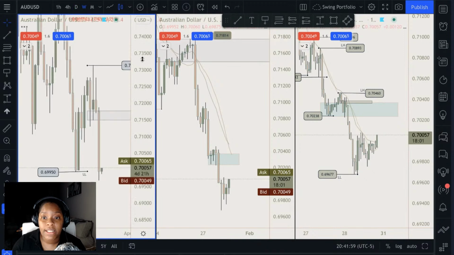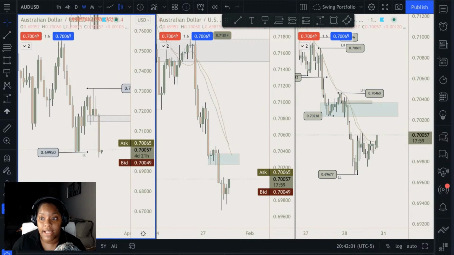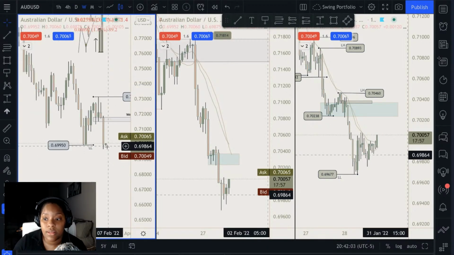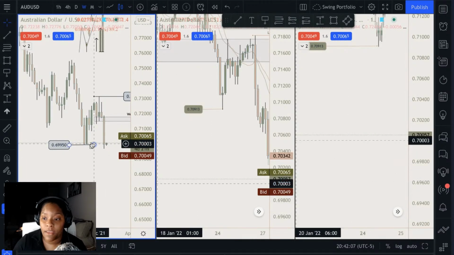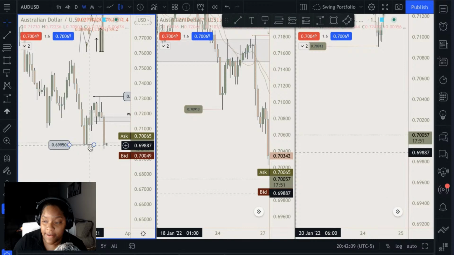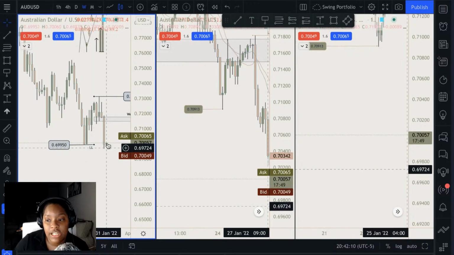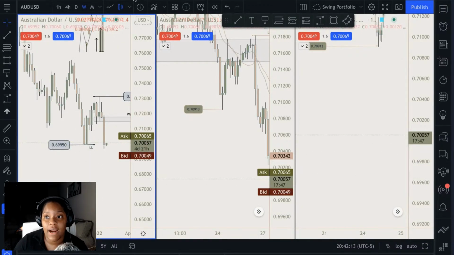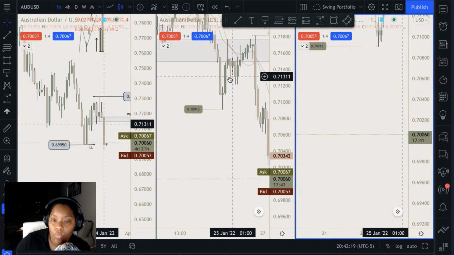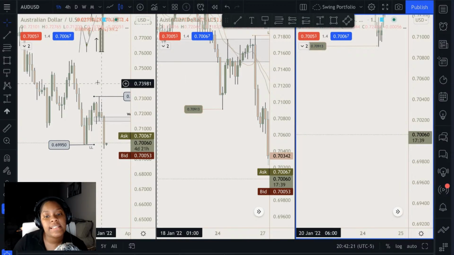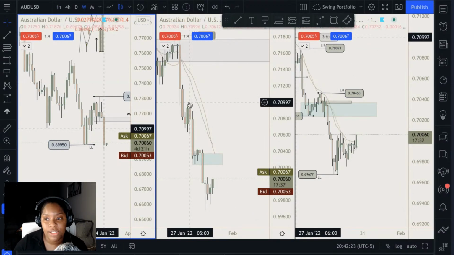So I'm going to go to the weekly time frame, and as you guys can see, this was the last low here on the weekly time frame at 0.69950, and she passed that last week, right? So now, what I'm going to be looking at is to see how price is going to perform this week.